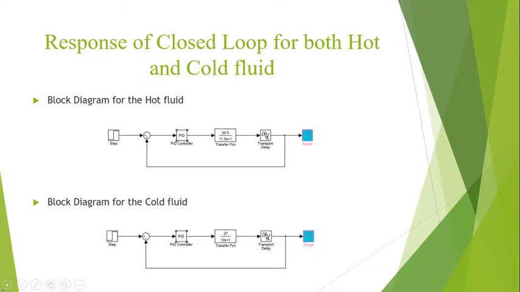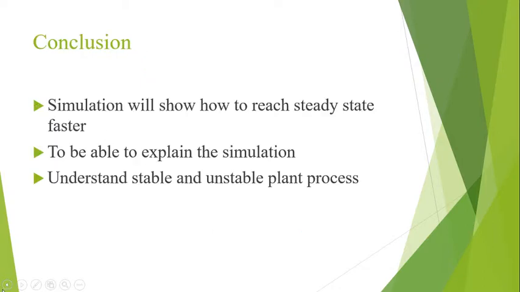Here, I've simulated how this might look in a block diagram. The whole point of choosing this is to have a better understanding of the applications of simulating a PID controller, even as simple as on a double pipe heat exchanger, and analyzing and deriving a step function for both the cold and the hot fluid.